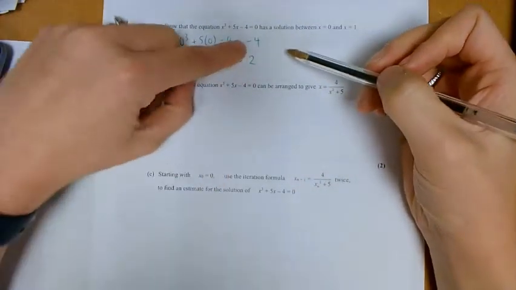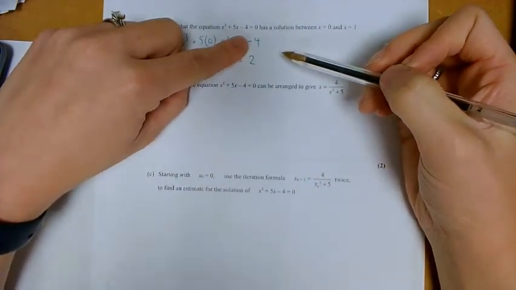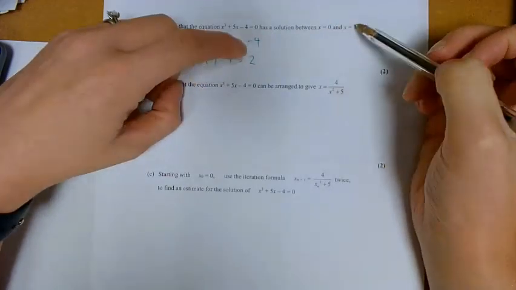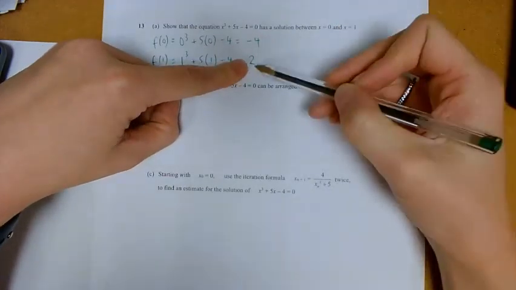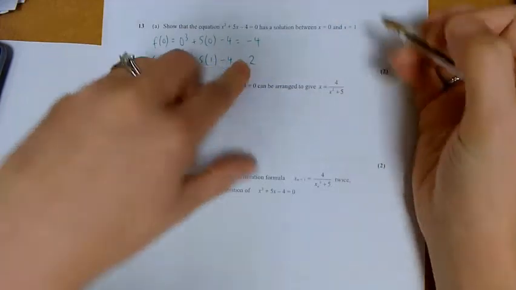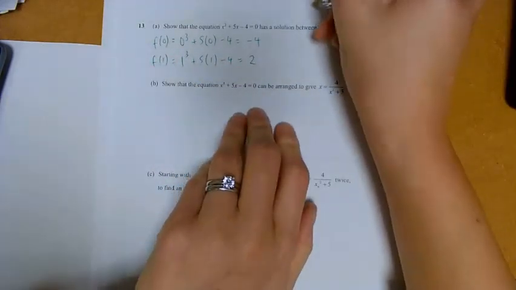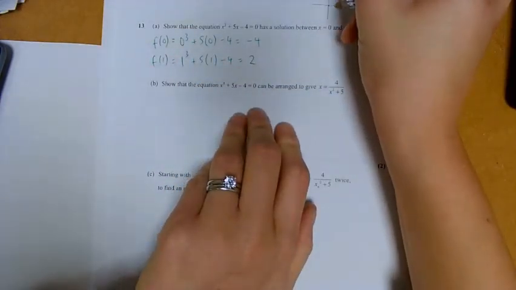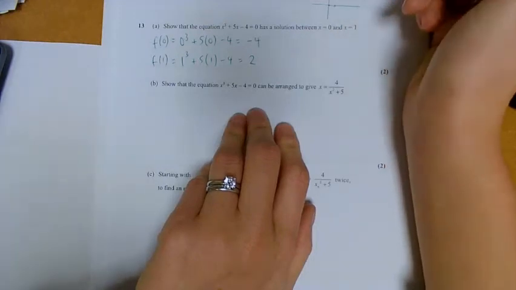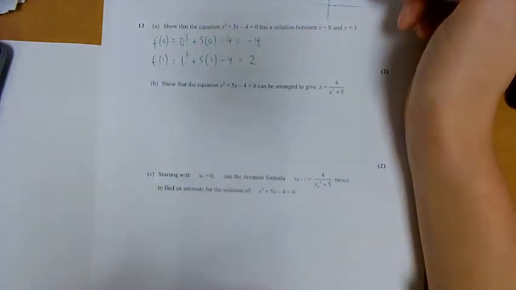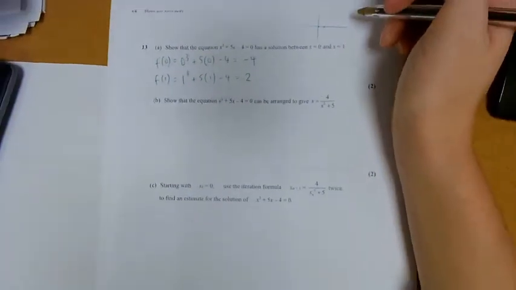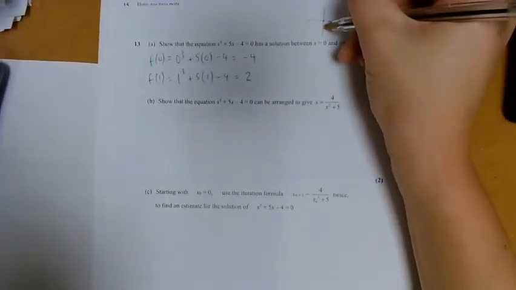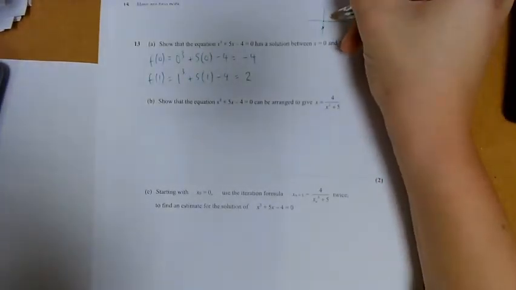Now, if the y-coordinate was negative when x was 0, and then the y-coordinate was positive 2 when it was 1, what's happened is from x equals 0 to x equals 1, if you look at this graph, we've gone through the x-axis. So here it was minus 4 and here it was 2.